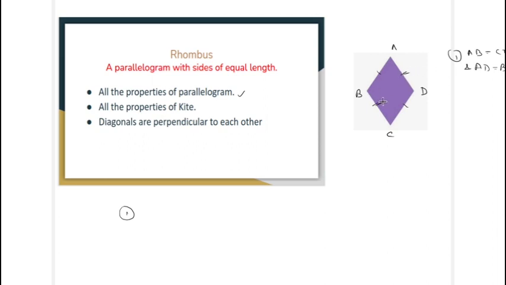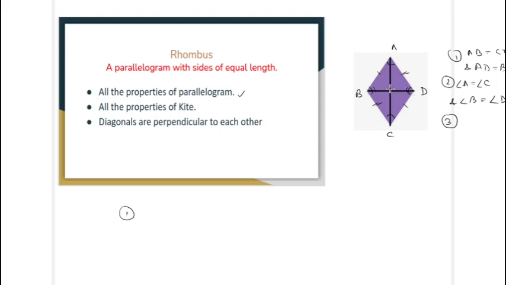Now property number 2 of a parallelogram is that opposite angles are of equal measure. So here also the opposite angles will be of equal measure. That means angle A equals angle C and angle B equals angle D. And number 3 was that the diagonals bisect each other in a parallelogram.